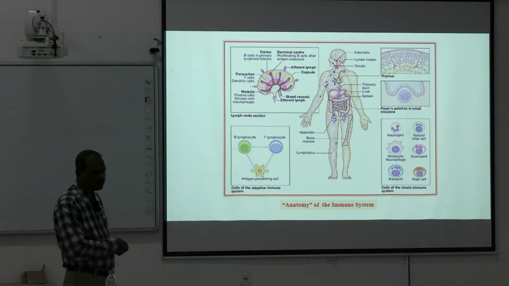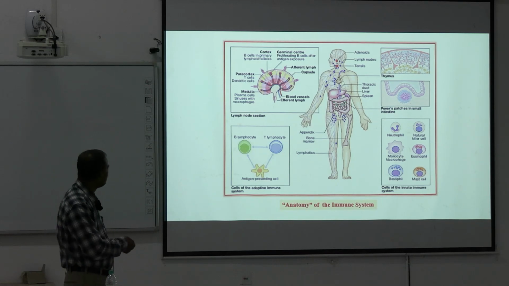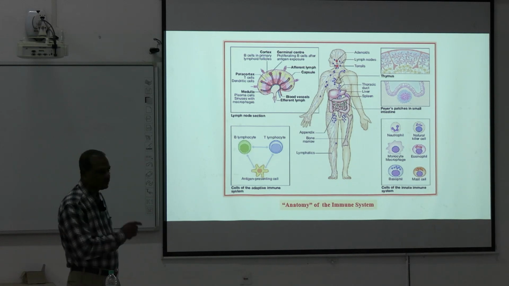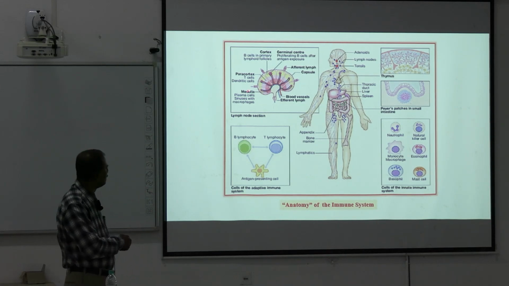These are the cells which I mentioned on the first day. Some of the cells produced from the bone marrow are processed to the lymphatic system, the lymph nodes. They reside in the secondary organs. So, bone marrow is the primary organ where it is synthesized, and these are the secondary lymphoid organs.